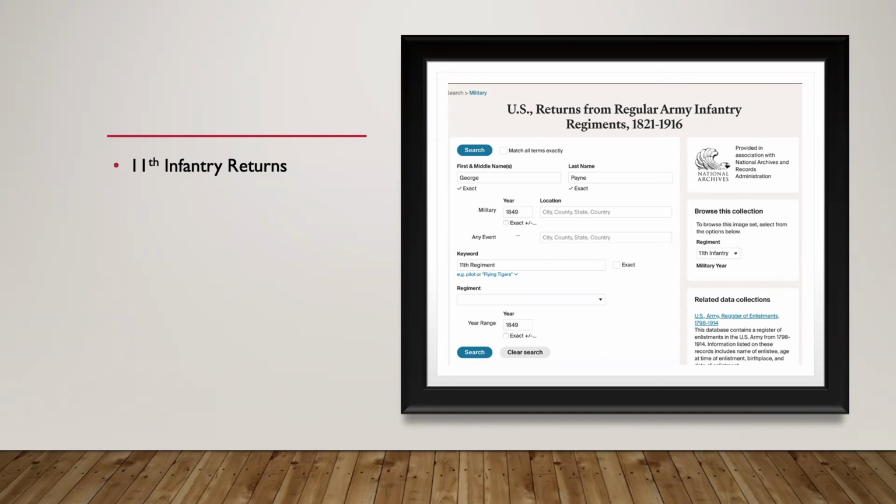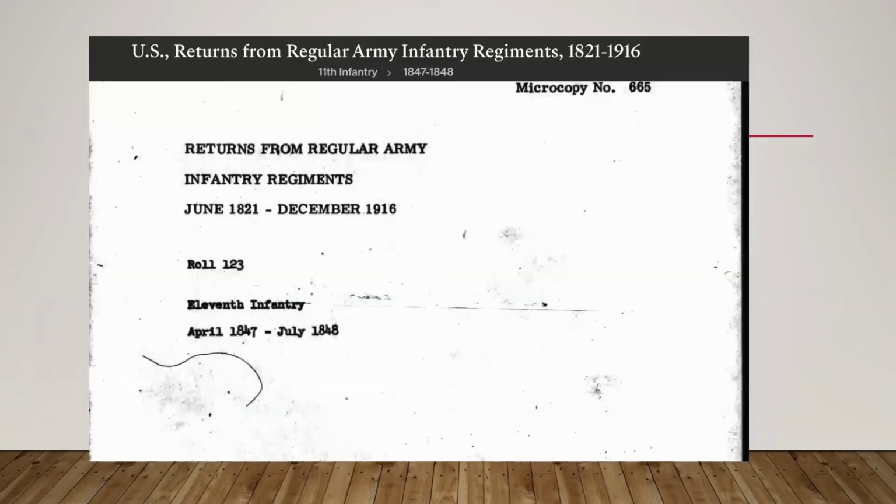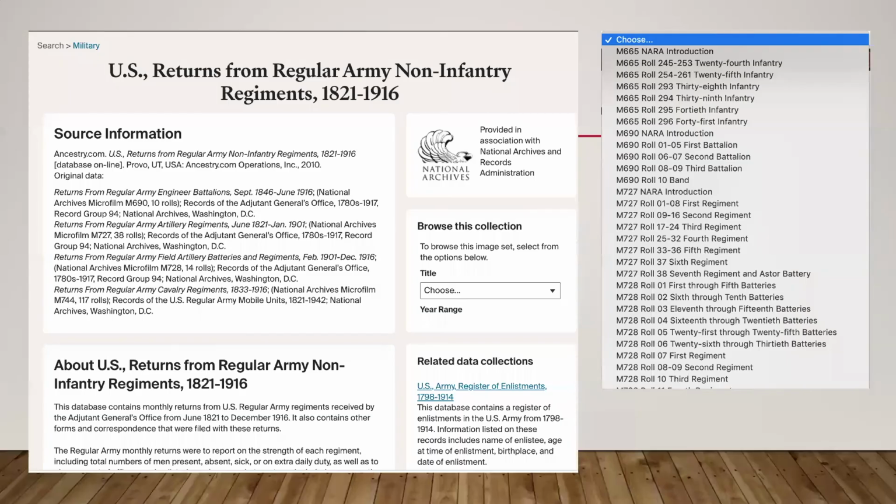And they are the microfilm publication, Microcopy 665, roll number 123, 11th Infantry, April 1847 to July 1848, and 124 goes beyond that. And so these are only browsable. They are not searchable, so it will take some digging and some work to look through these to be able to find them.